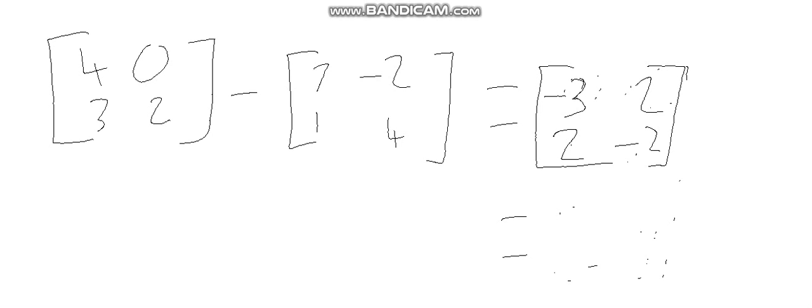So adding and subtracting matrices are very simple. Just make sure they have the same dimensions and then add or subtract corresponding terms like you would do regular addition.